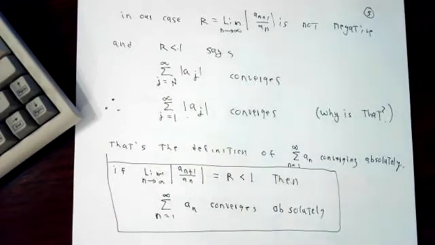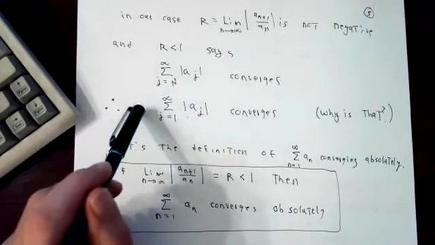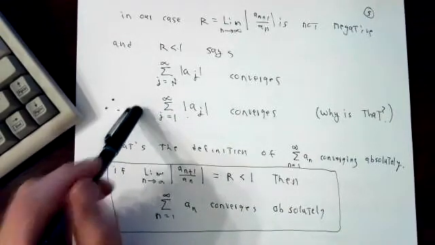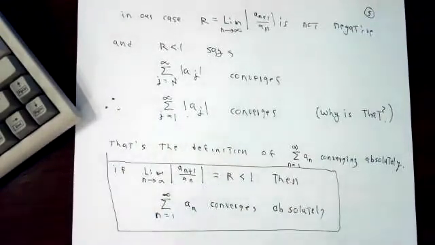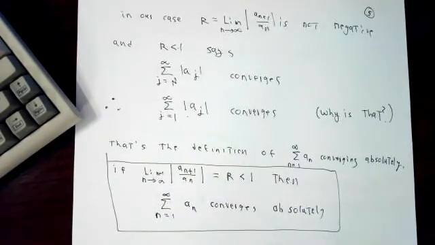The reason that's true is this series is the same as this series if I took this one and set the first capital N minus 1 terms to 0, and as we've seen, altering a finite number of terms doesn't change whether a series converges or not. This statement is the definition of the original infinite series converging absolutely.